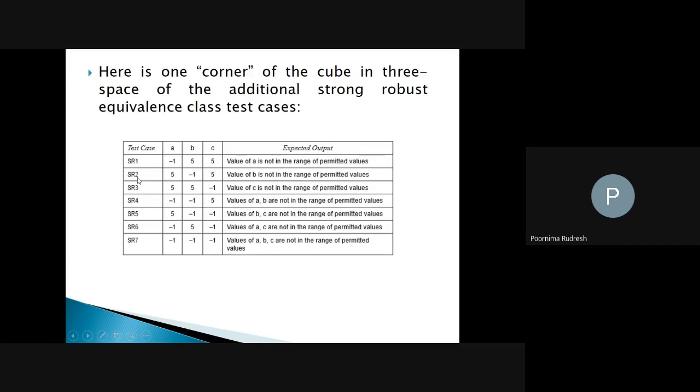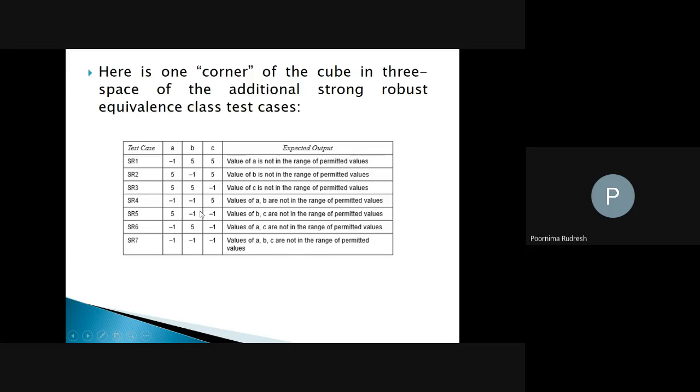Similarly, if we construct it for greater than the maximum value, then one more test case will be SR8, that is A is equal to 201 and B is equal to 5, C is equal to 5. Similarly, we'll have one more test case, that is A is equal to 5, B is 201 and C is equal to 5, and for C it is 201, like that.